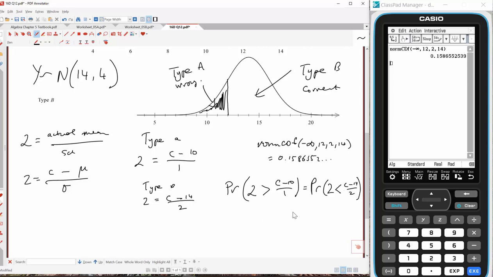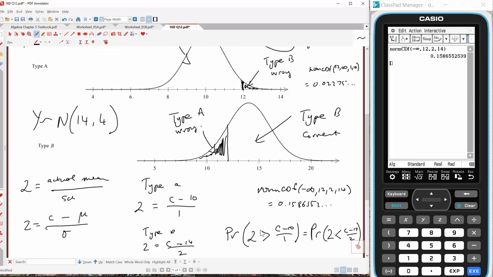So basically, on the Z distribution, I want the values larger than this particular Z score to be the same as the probability that the values on the standard normal distribution are less than this particular score. That will then help us line it up.